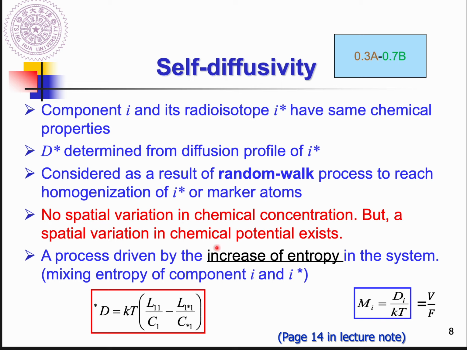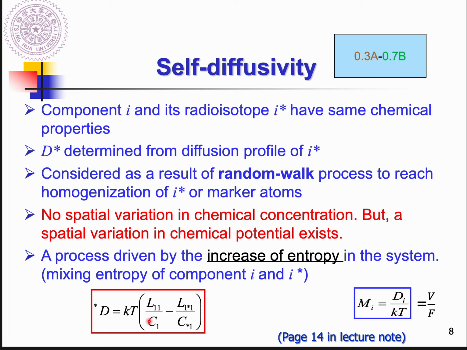So probably you have some idea, right? If we don't add the radioisotope I star, then we cannot measure the self-diffusivity. But as long as we use the radioisotope I star, we actually provide a driving force.